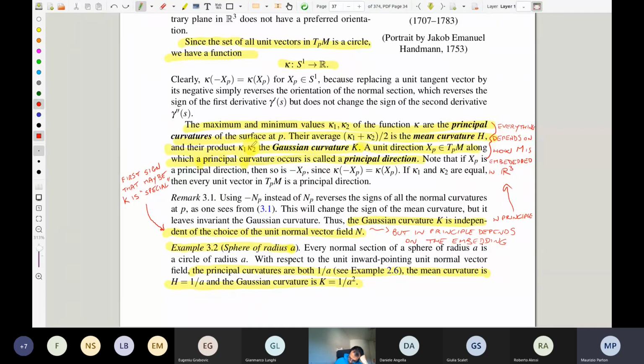Well, of course, also their product is relevant. I mean, these are all numbers. Of course, you can also take k1 squared plus k2 to the power of 7, of course. Okay, but these two numbers are symmetric polynomials in these two variables. So these two numbers, the sum and the product, are special.